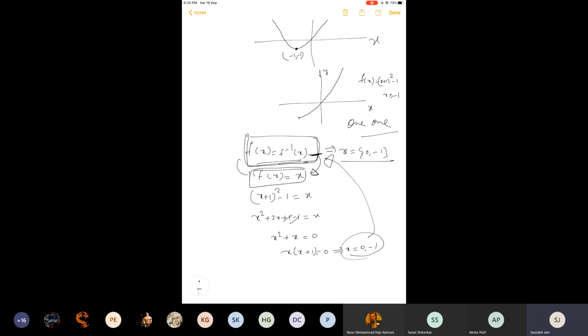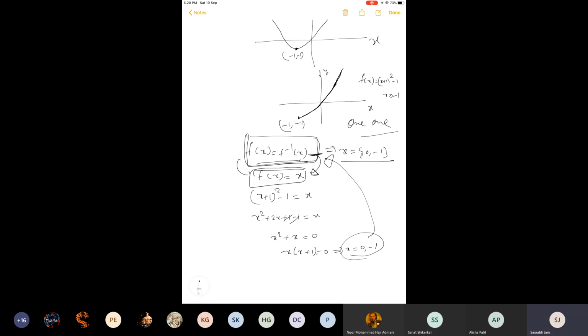But I don't know why the codomain is not given. The codomain must have been given. Because see, in this particular question, the range will be −1 to infinity, right? So they should have said that the codomain is −1 to infinity, then it will become bijective.